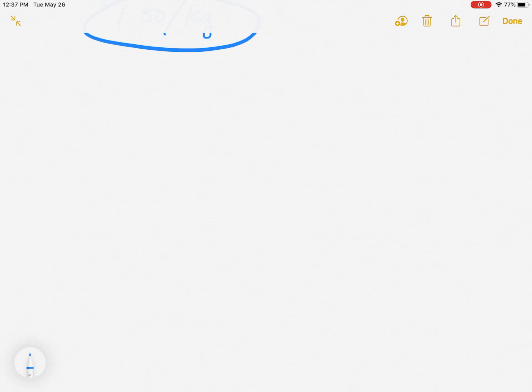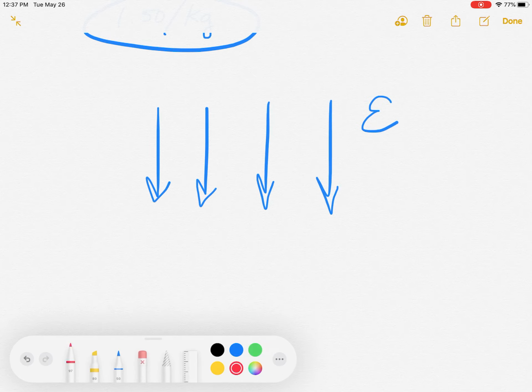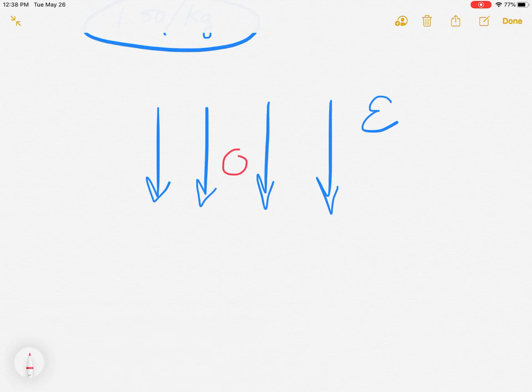With electricity, it's quite common to do this same sort of thing. For instance, we might say, okay, let's say we have an electric field going like this. E, electric field. And I want to move something, or I want to push something, and I want to put it right here. And I want to try to push it up against the field. That means I have to apply a force, right? Okay.